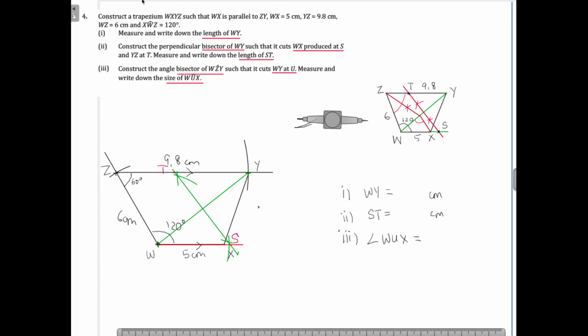Bring it over to T and extend it to the point S. So ST is about 6.5 cm.